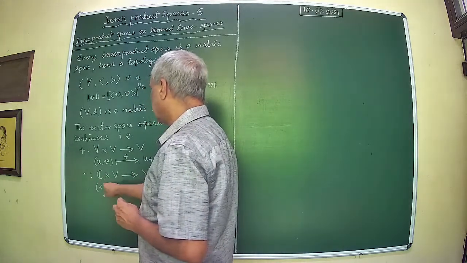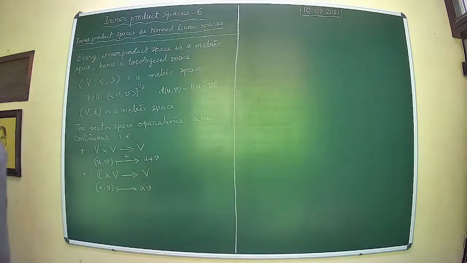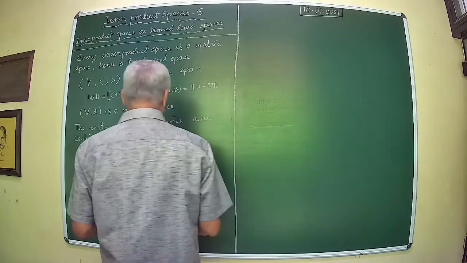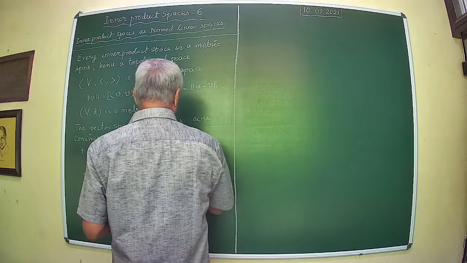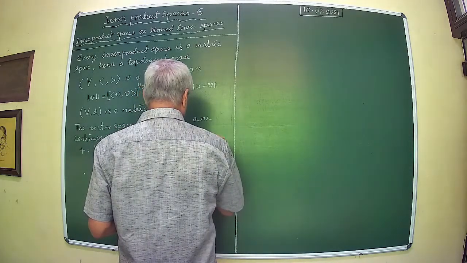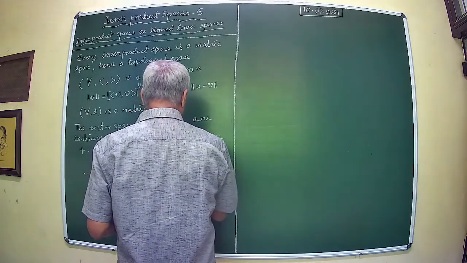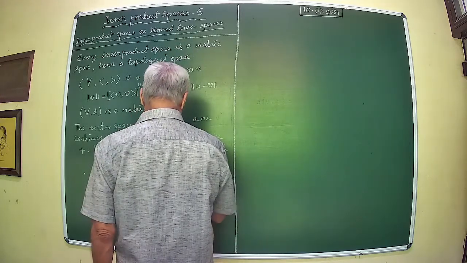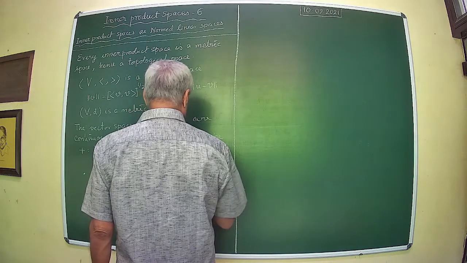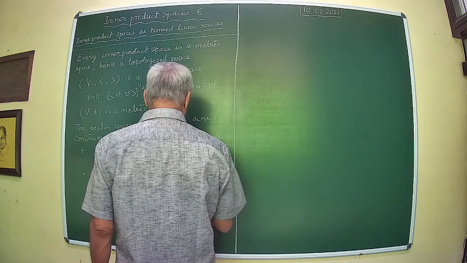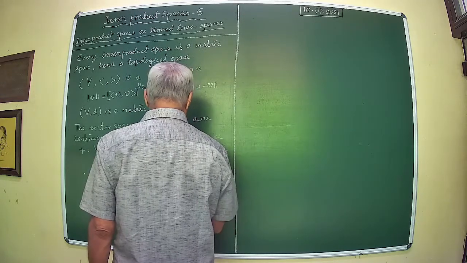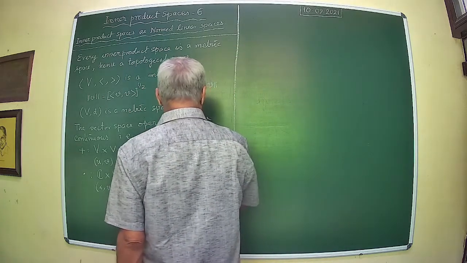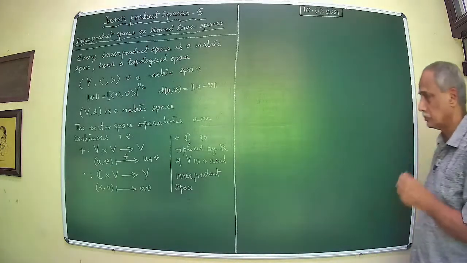So also C cross V is a metric space with the usual metric that you have on C, and there you can also take R, C or R. Remark: if it is a real inner product space, C is replaced by R. So what is the meaning of that?